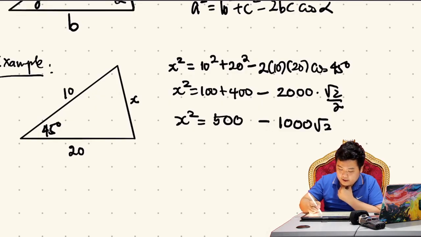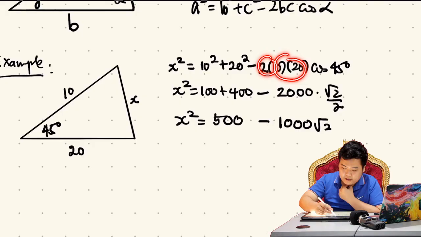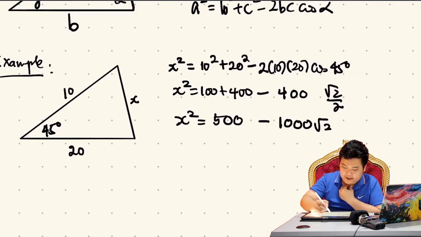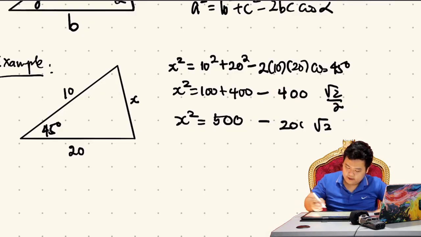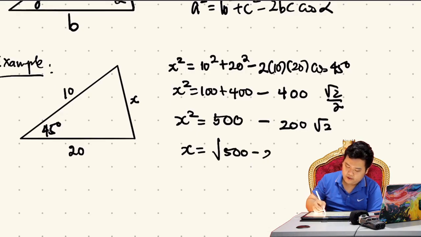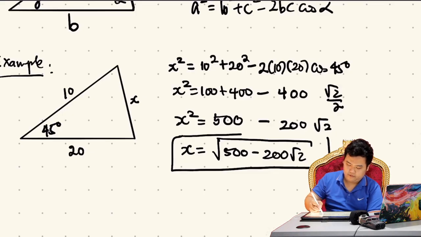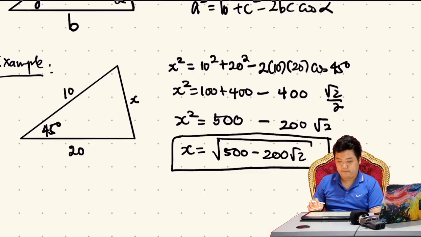It's 200 times 2, that is 400. Ano ba yan? Di marunong mag-multiply. Okay. And then 400 over 2 is 200. So x is square root of 500 minus 200 square root of 2. Okay?